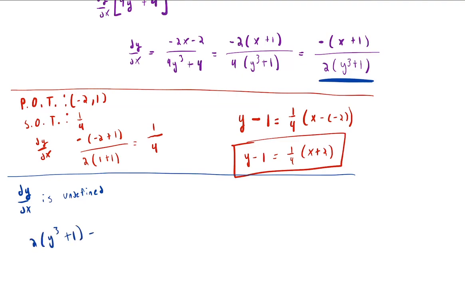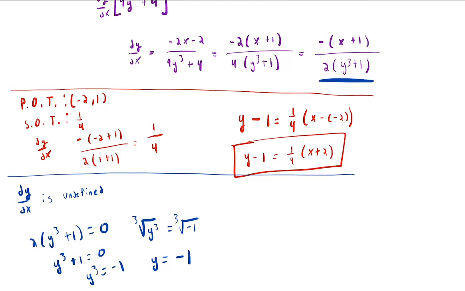plus 1, is equal to 0, or when y cubed plus 1 is equal to 0, or when y cubed is equal to -1. Taking the cube root of both sides, the number that times itself 3 times is -1, is -1.